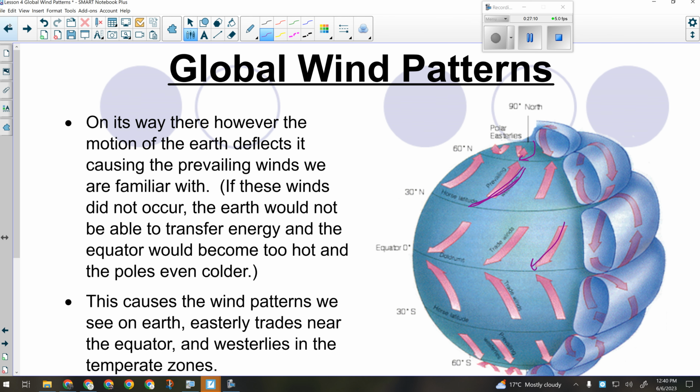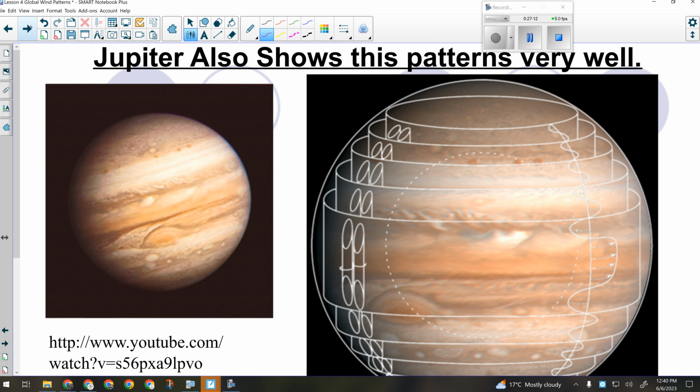But on a big planet like Jupiter that has a roiling colored atmosphere, you can actually see this happen. You can see the different stripes of those wind bands going up the planet. And when you watch Jupiter like in a movie, you can see the parts of its atmosphere going opposite directions past each other.